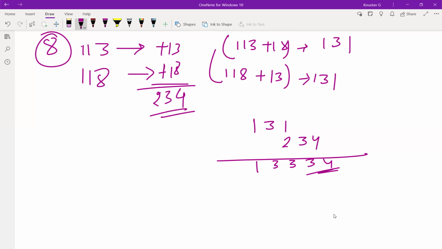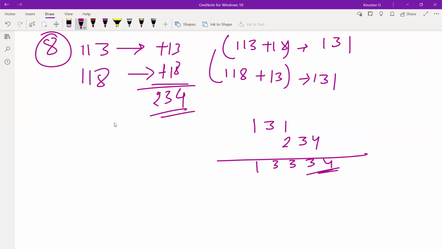Since the base has 2 zeros, the second part should also have 2 digits. Since 234 has 3 digits, we retain 2 digits, 3 and 4, and carry forward the third digit 2 to the first part of the answer. Thus 131 plus 2 is 133.